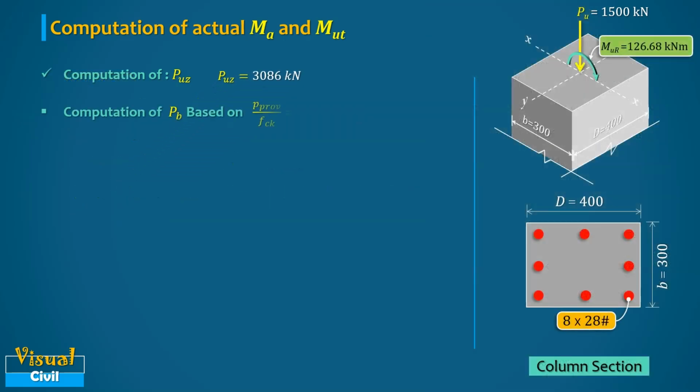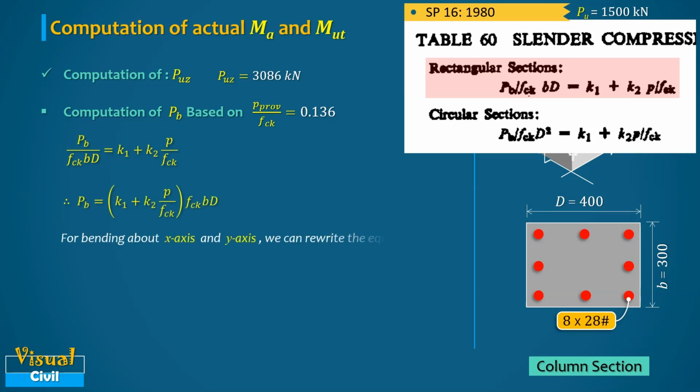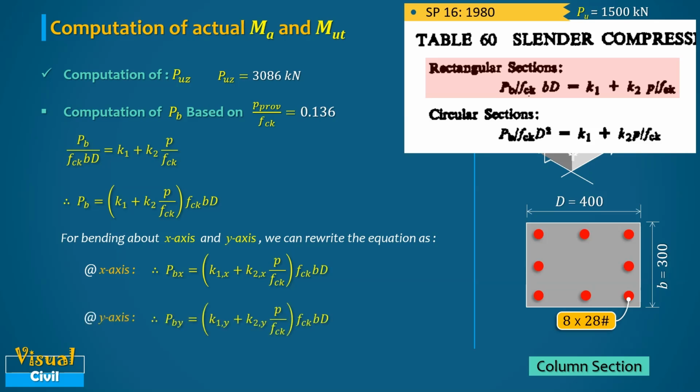Next, let us get the value of Pb about the major and minor axes, that is about X and Y axis. Pb can be computed by using the expression for a rectangular section given in Table 60 of SP16. Based on this, we can easily write the expression to compute Pb about the X-axis, that is Pbx, and about the Y-axis, that is Pby.